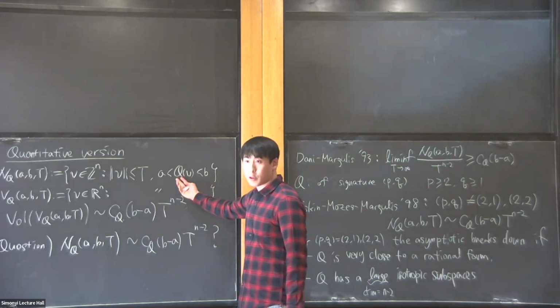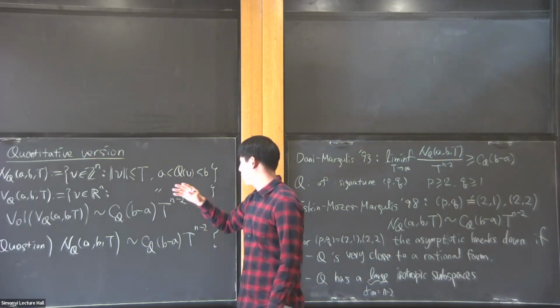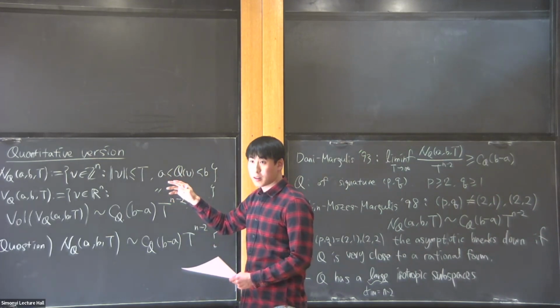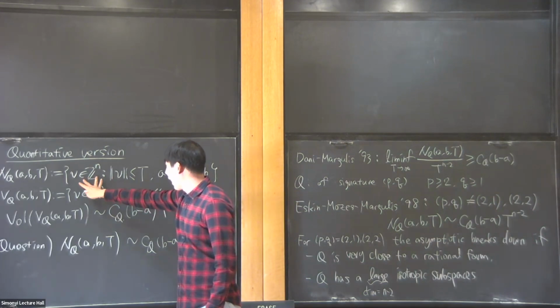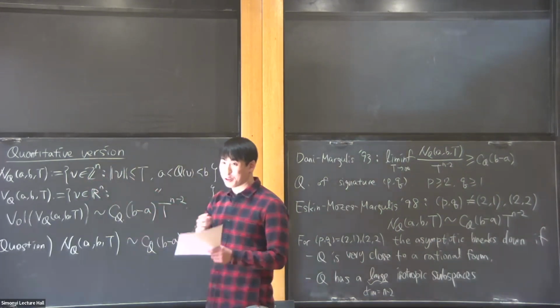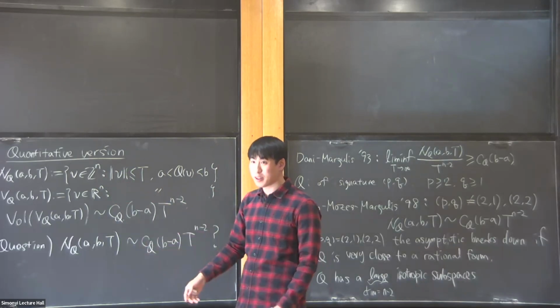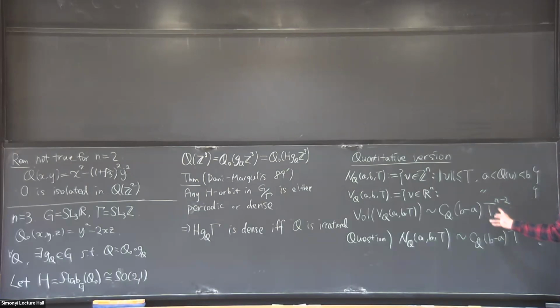Our Q is quadratic, so the size of the value is more or less T squared, and there are T to the n many points inside this ball. So if you assume they are more or less well distributed, then for a given interval, the size of the asymptotic should be T to the n divided by the size of the values.